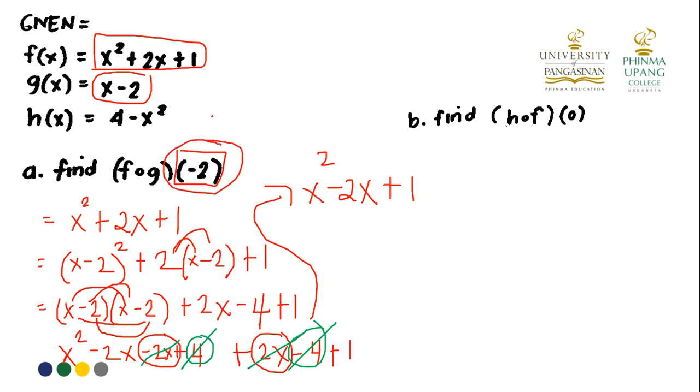Then we substitute negative 2. So, negative 2 squared minus 2 times negative 2, plus 1. So, please compute what is the final answer.